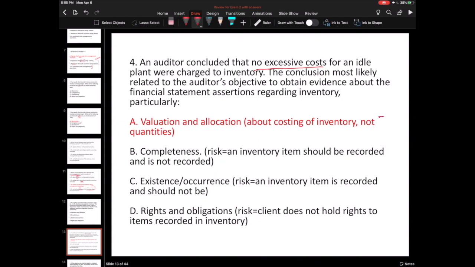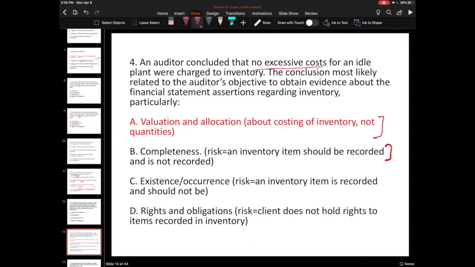So this is very much a typical valuation scenario, whereas completeness would be more particular inventory items that should be recorded are not. Existence would be, hey, these items have been recorded. These particular items have been recorded when they shouldn't be.